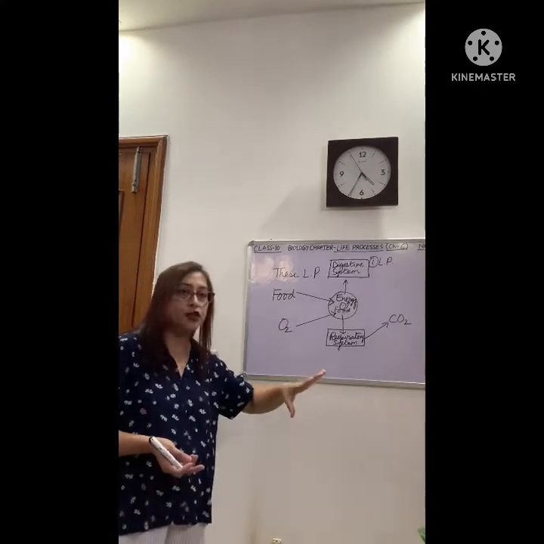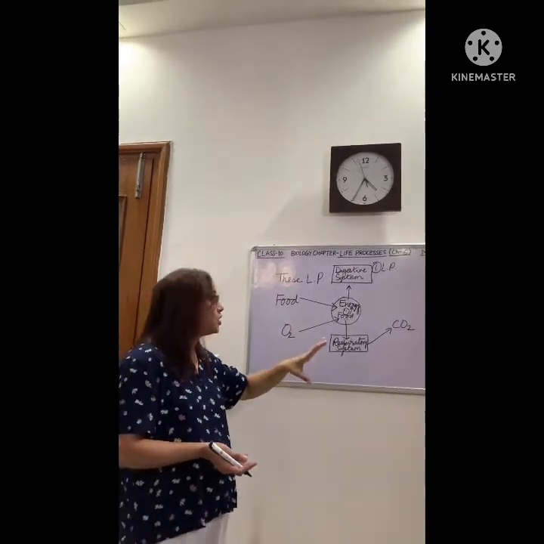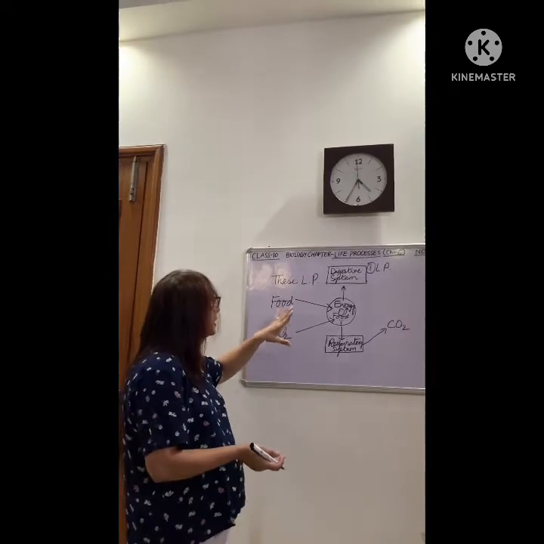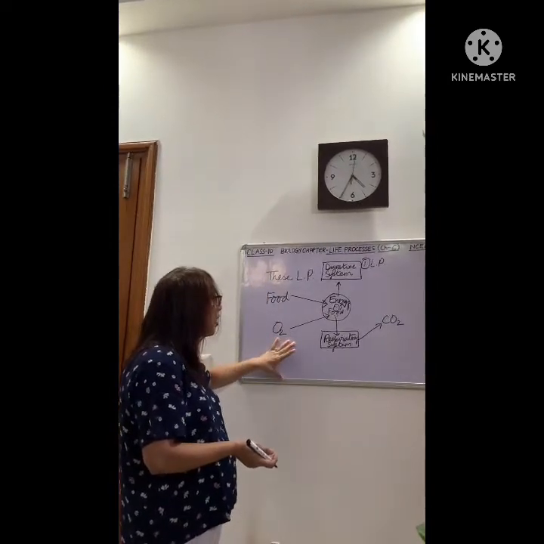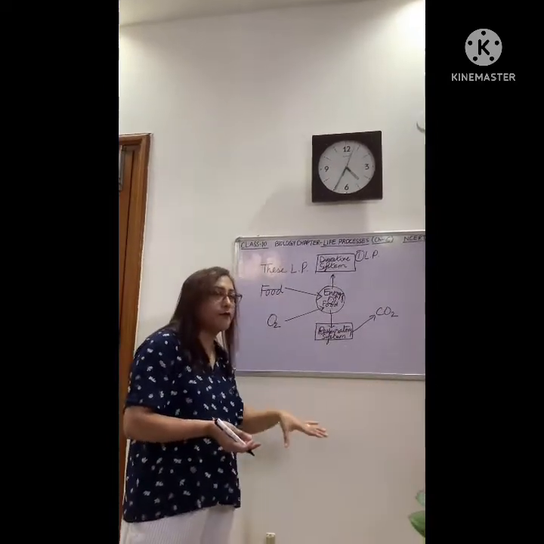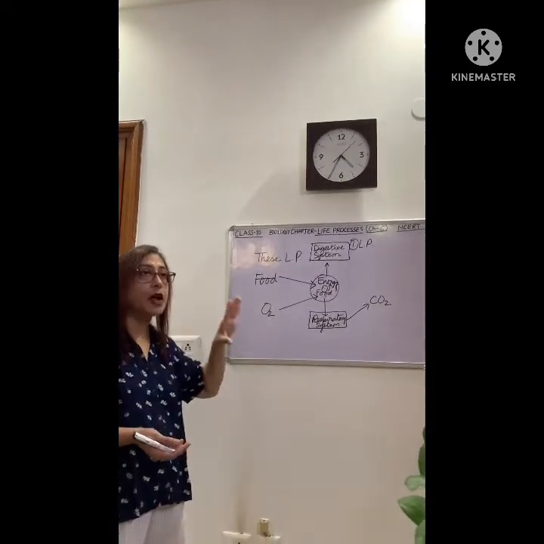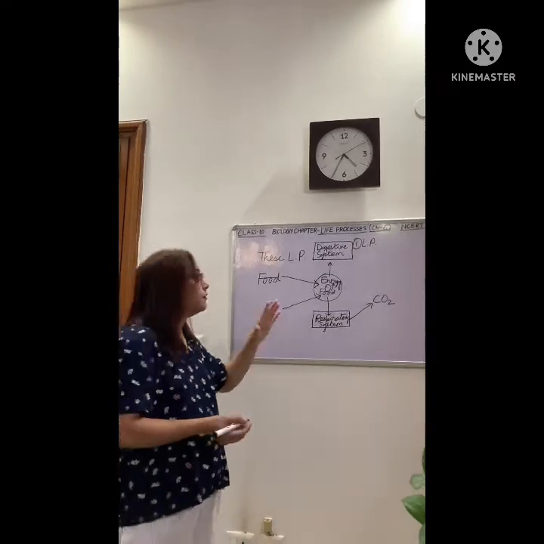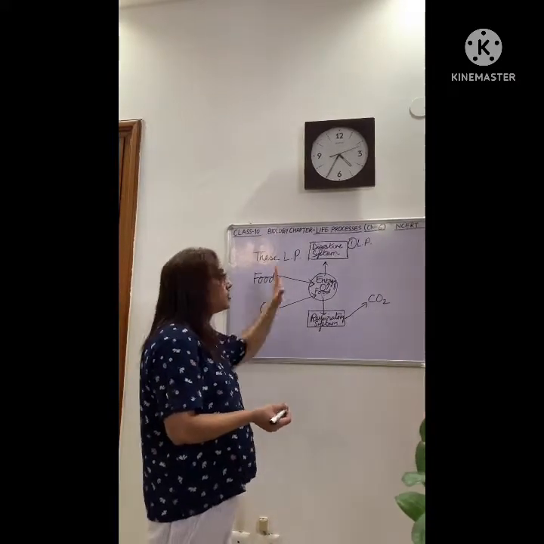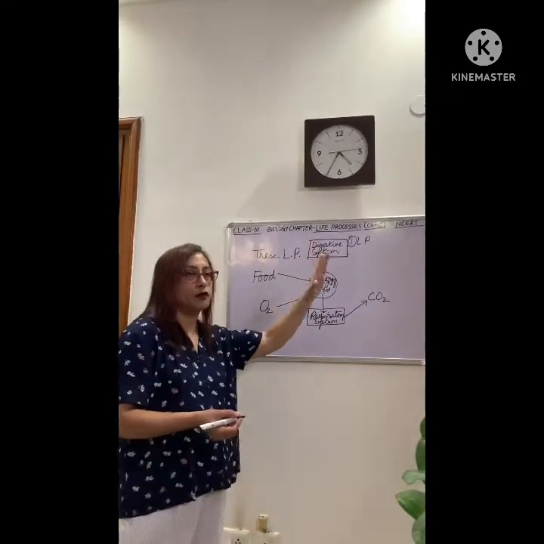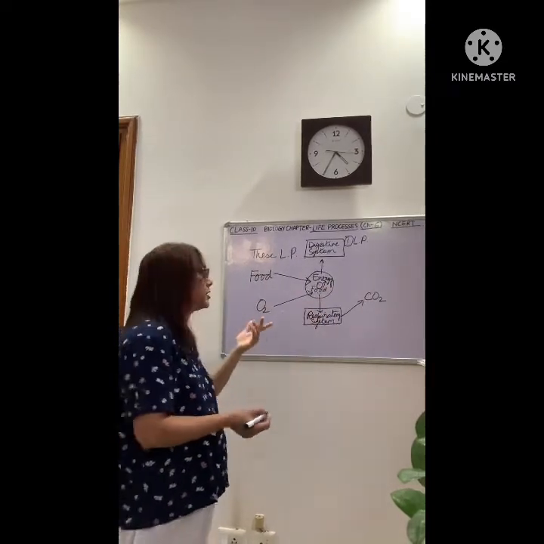So there has to be a system which will carry the food and the oxygen to all the various cells of the body. So we need a transport system which will carry the food and oxygen to all parts of the body, that is to all the cells of the body.